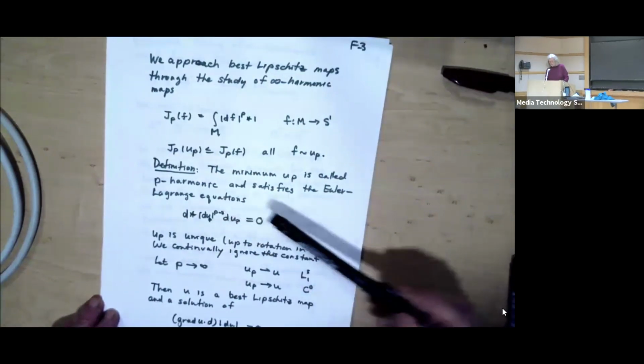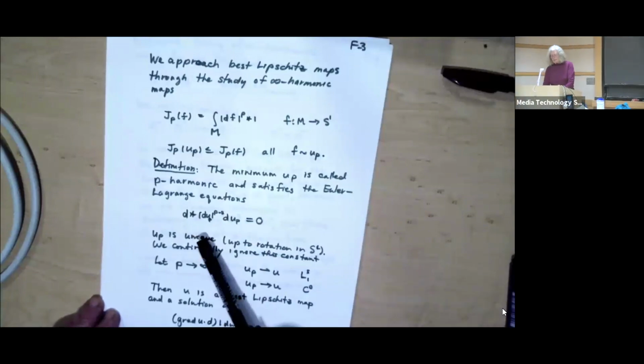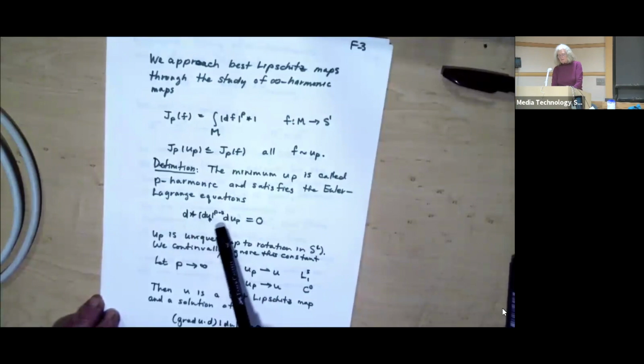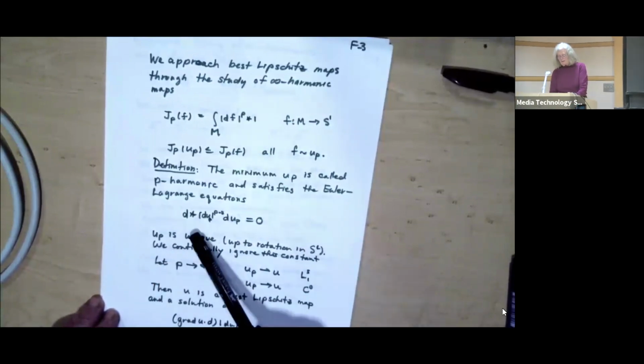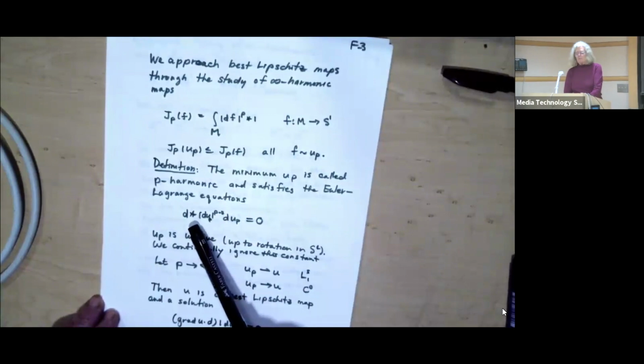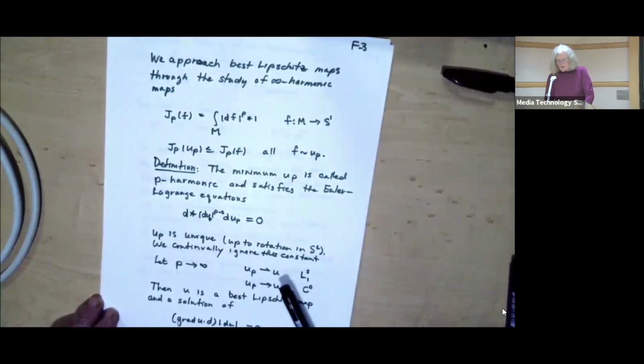The minimum up to a constant is called p-harmonic, and it satisfies the Euler-Lagrange equations, which say that if you take this one-form, the star of it is an n-1 form, and d of that is 0. The minimum is unique up to rotation, and then we let p go to infinity for our theorem.